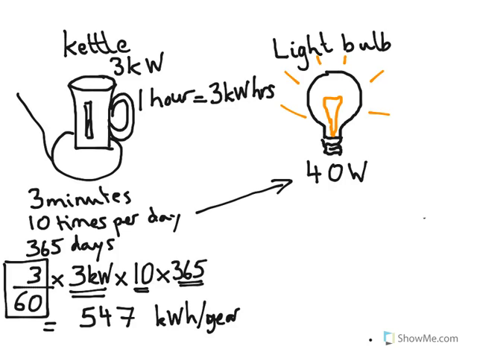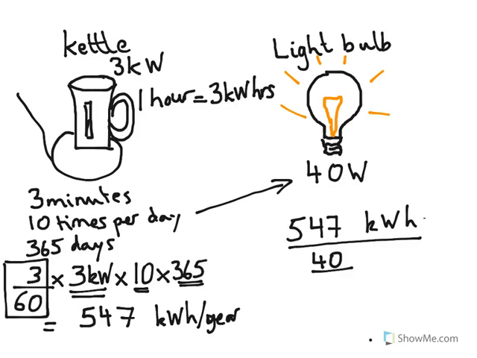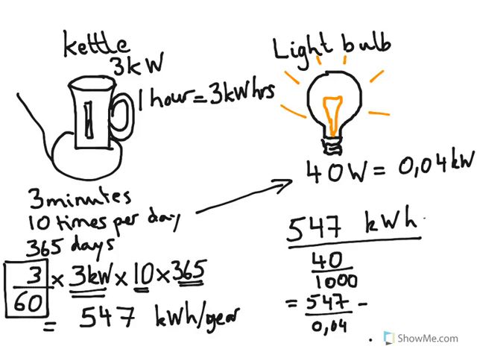Well, if we were to have 547 kilowatt hours of energy in a light bulb, and the light bulb itself only uses 40 watts, well, that's the same as 40 divided by 1,000 into kilowatts. 40 watts is the same as 0.04 kilowatts.